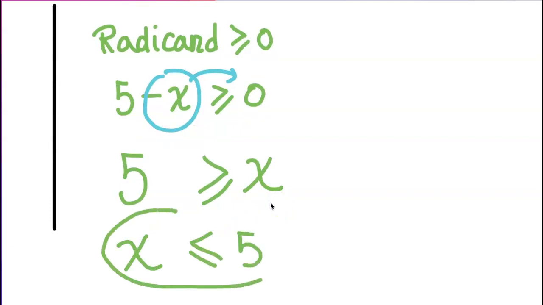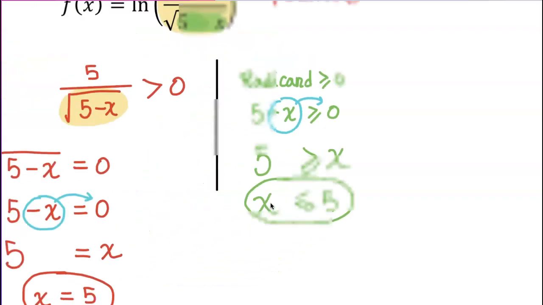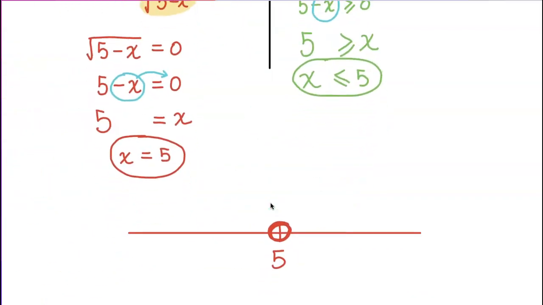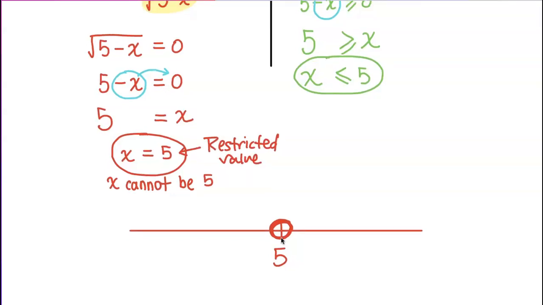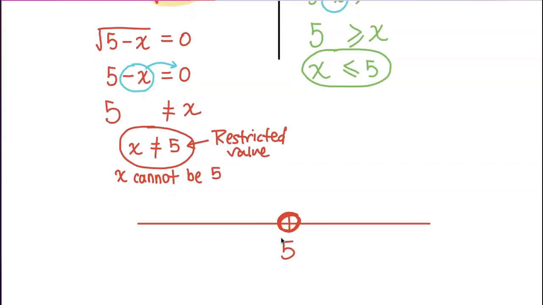So look, we got another condition to satisfy. So we're looking for the intersection. I should make a note here. X cannot be 5 because that's the restricted value. So you know what? I should have just put not equal to. That's probably better.